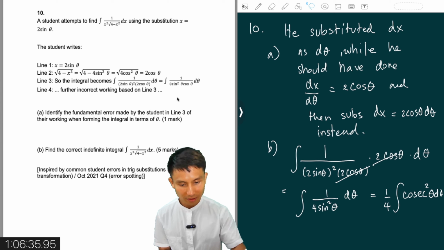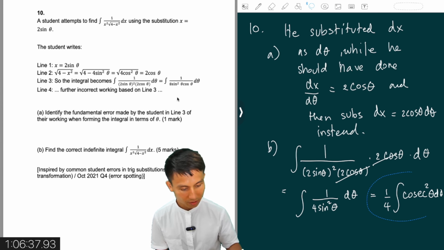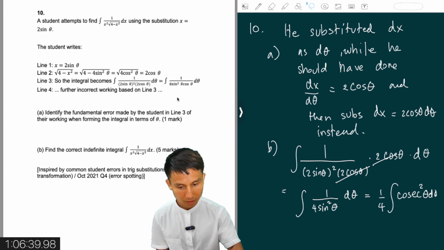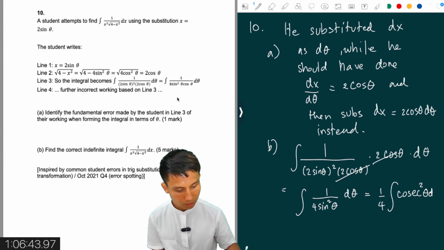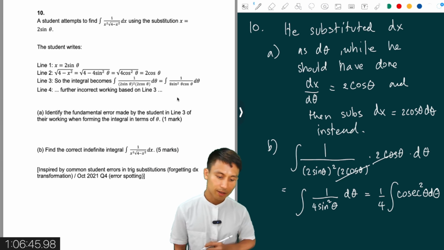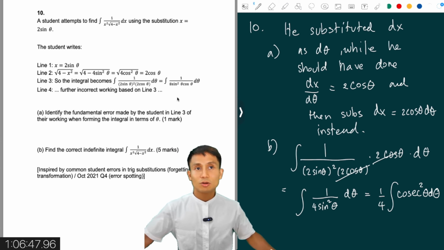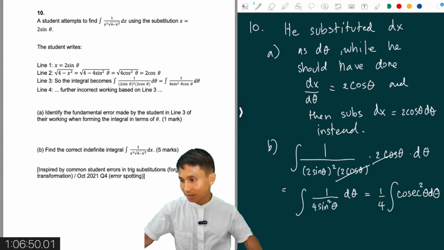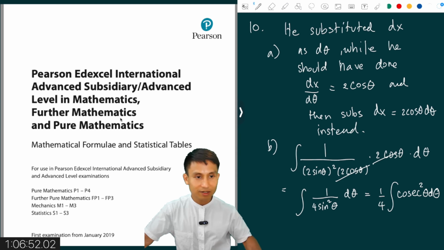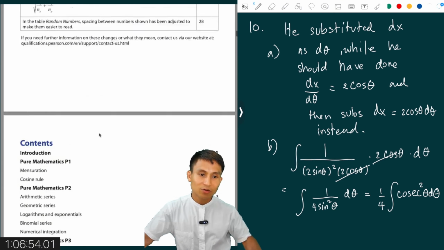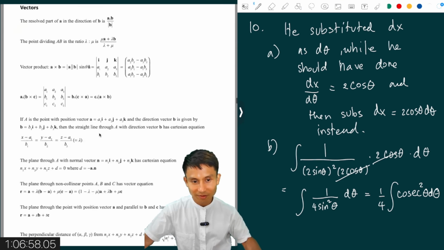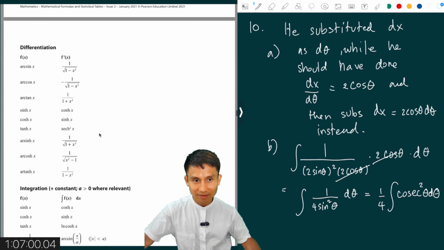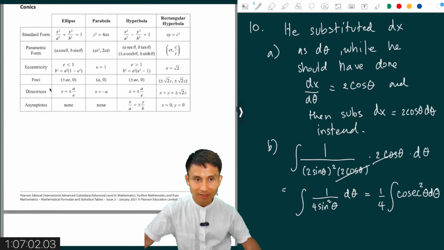All right. Now, in the formula sheet, let's show you the formula sheet. You know that differentiating something would give you cosec squared. So, wait, this is further math.